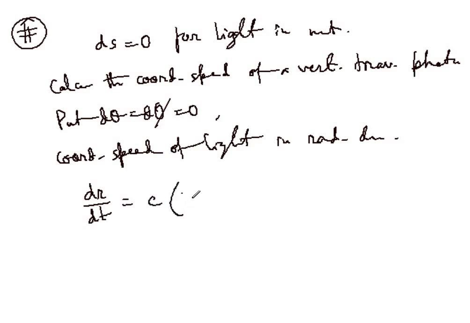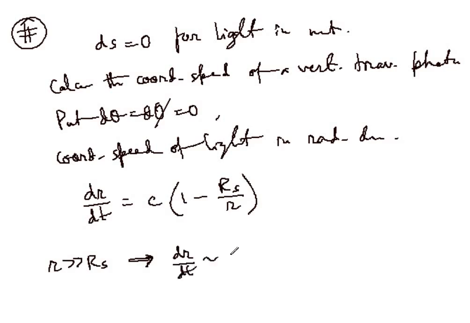So this is equal to c times (1 minus Rs by r). Right. Now what happens when r is much greater than Rs? Then you see dr/dt is of the order of c, as expected for flat space-time.